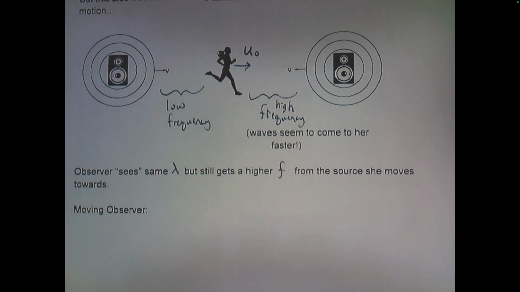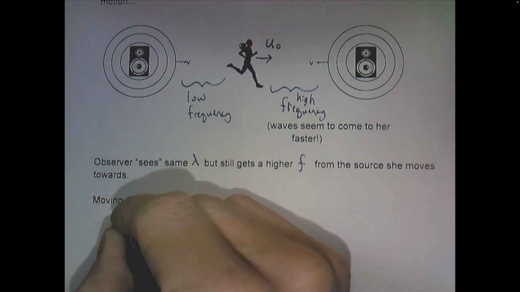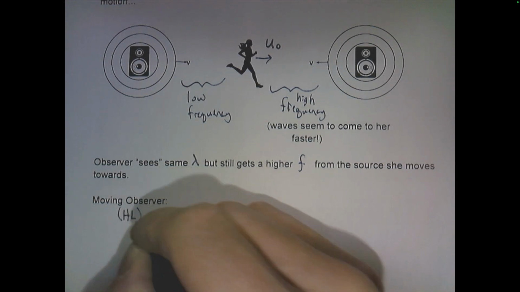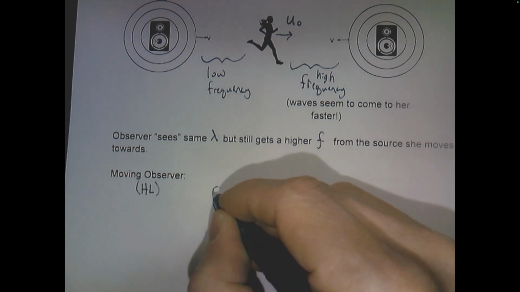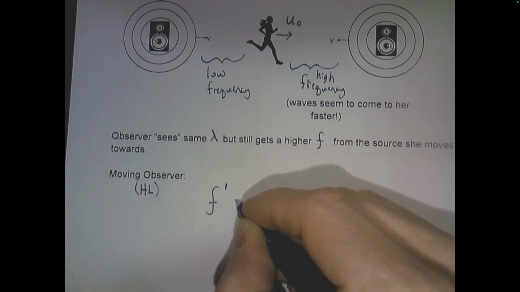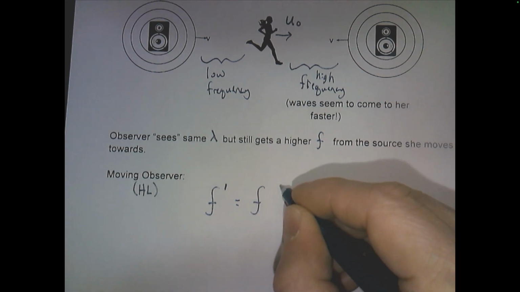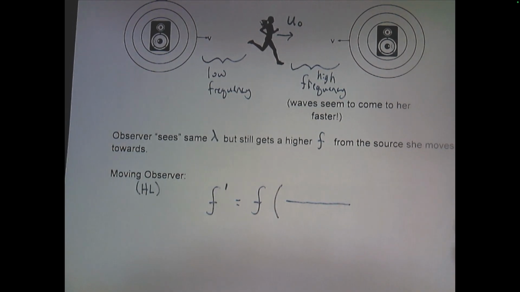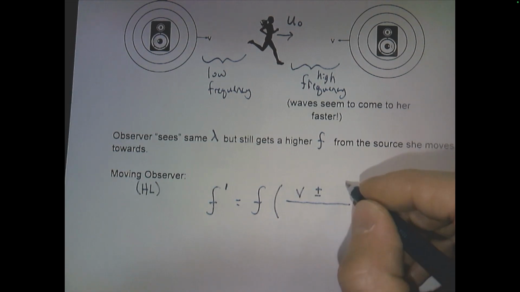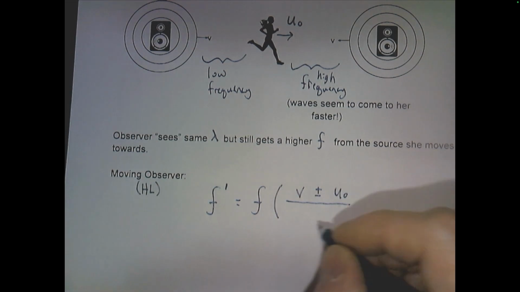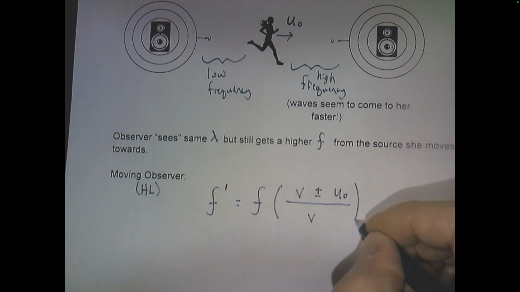So the IB data sheet, again, this is unique to HL, gives us an equation for what if the observer is moving instead of the source, and it looks very similar. F prime equals F. Again, we have a fraction here. We get a V, but this time in the numerator I have plus or minus, and the V in the denominator here.